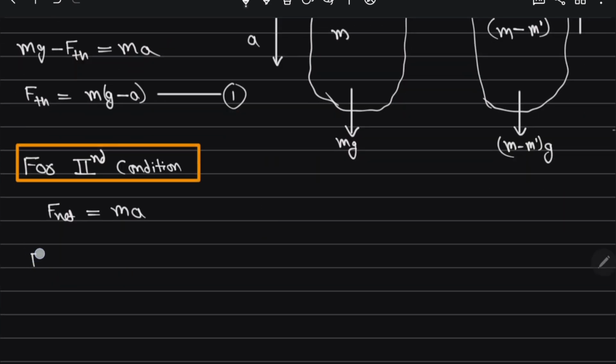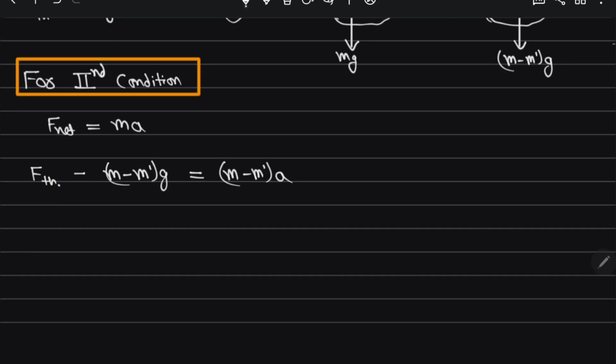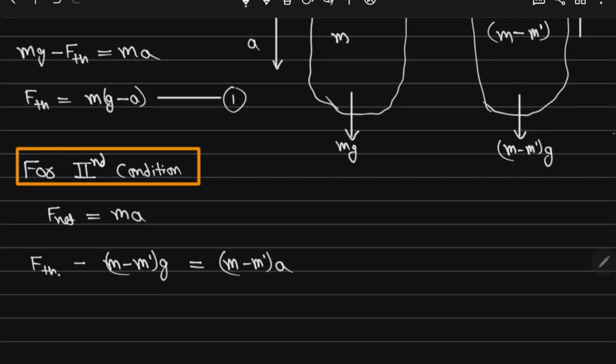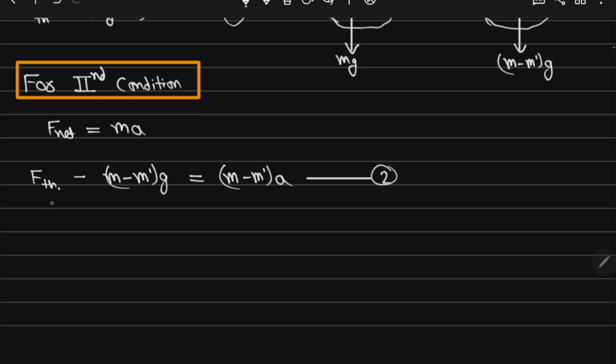So F thrust minus m minus m dash into g is equal to m minus m dash into a. This is our equation second. Putting the equation, just 1 minute.